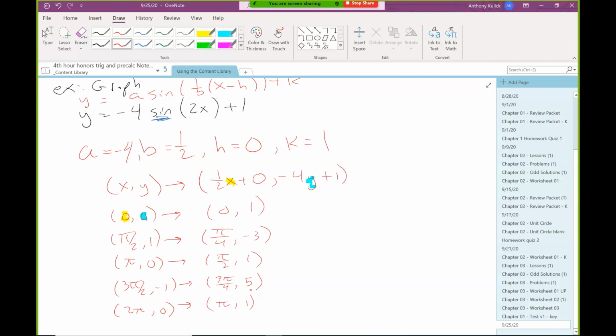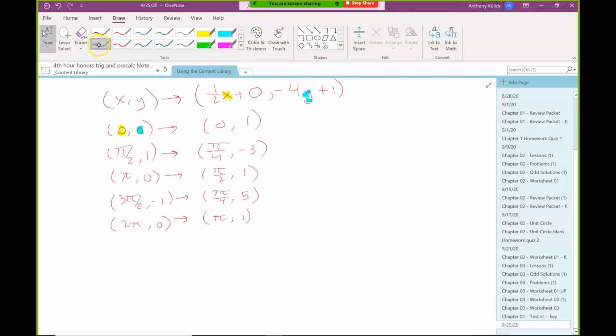Is everybody okay with how I generated those points? Okay. So if I were to go to graph this, 1, 2, 3, 4, 5 up on the y-axis, 1, 2, 3 down on the y-axis.